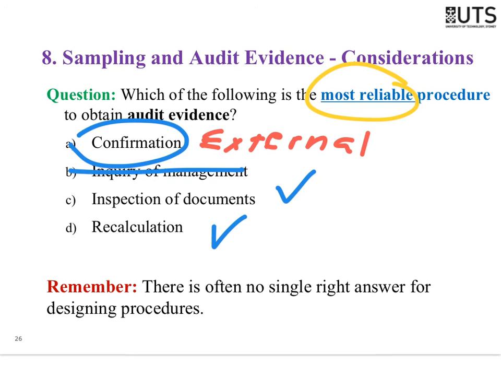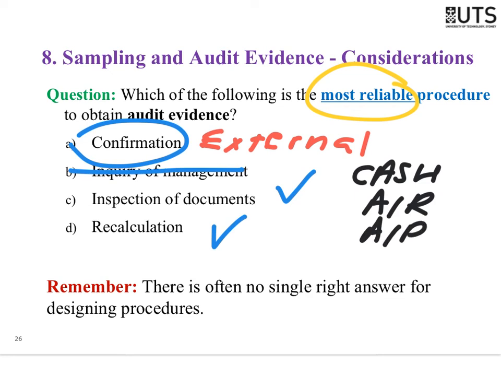So out of these four, confirmations are the most effective or the most reliable evidence, but we only really use confirmations for certain accounts. It's often just balance sheet accounts, but we often use them for either cash, accounts receivable, accounts payable sometimes, and loans.